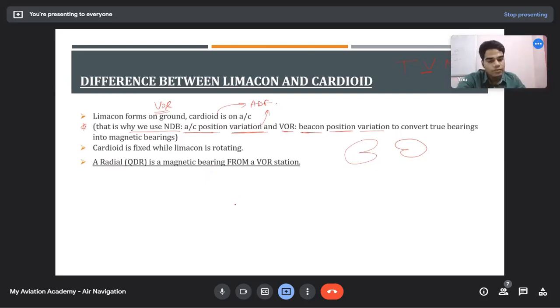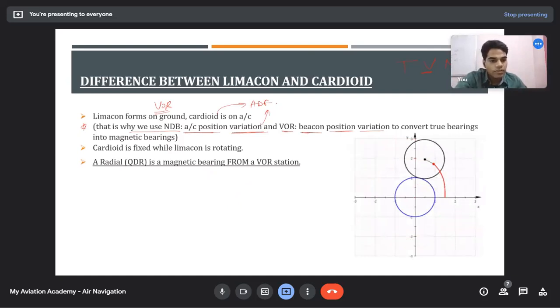It has QDR. You can see the diagram here. This is how the Limaçon, sorry, not the cardioid, is being formed. It's a similar structure, but instead of that bump like this, there should be a bump like this. But yes, it makes sense now. This is the major difference. That's it.